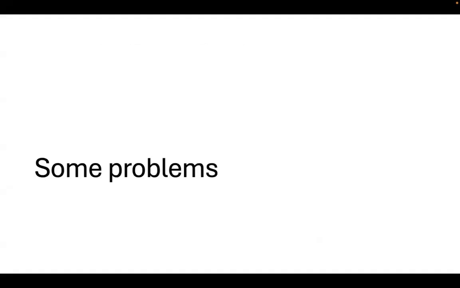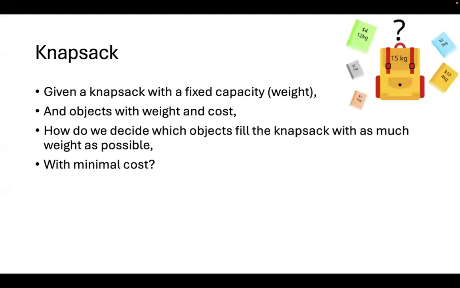Okay, so I think we're going to see some problems, and I want you to talk with your neighbors, brainstorming how we try to solve these, or what the sticking points are in trying to solve these difficult problems. The first one is a knapsack, and I might skip over this because we'll do it later. A dynamic programming problem includes if we're given a knapsack with a fixed capacity, so like my backpack can only carry, I don't know, 15 pounds or something like that.